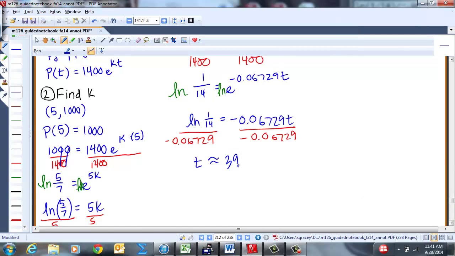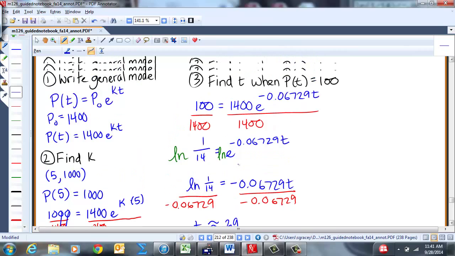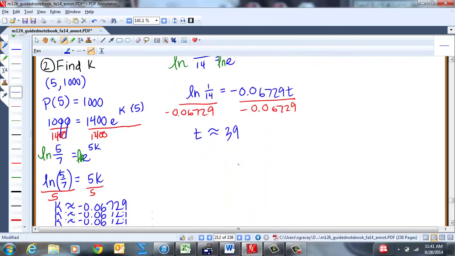So let's answer the question, right? Let's do some sort of a conclusion. Actually, we have room down here.